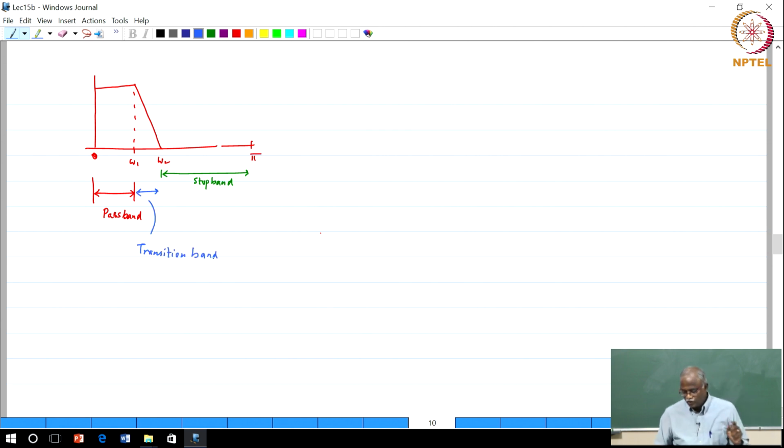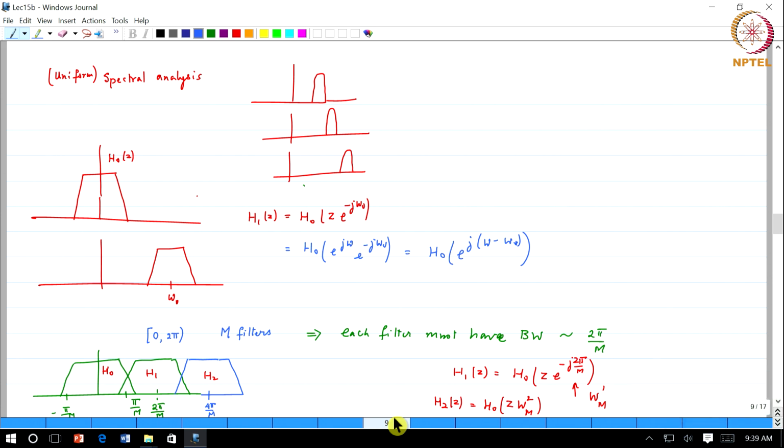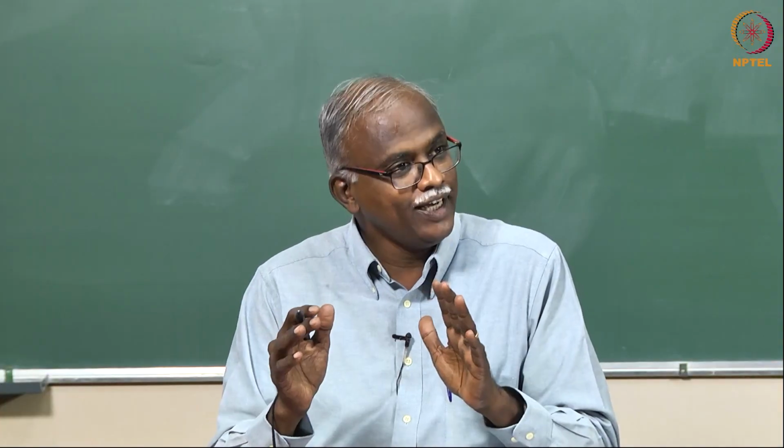So, the filter structure that we drew in the previous case, where is the overlap happening? In the transition band. Invariably that is where you would expect them to overlap, and the transition band in many ways is a do not care but care band.